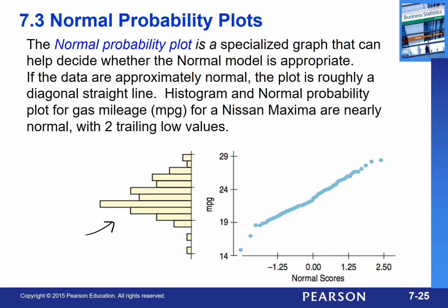Tilt your head to the left and look at that, and you think, well, it's kind of normal, but it's got some tail issues. It's not quite symmetric, and it's got a little bit of a lump there. So what does this translate to in your normal probability plot?